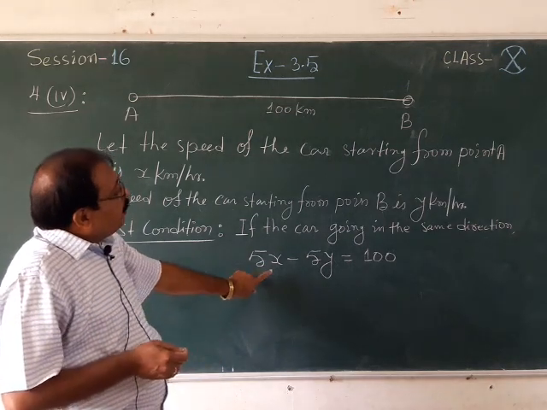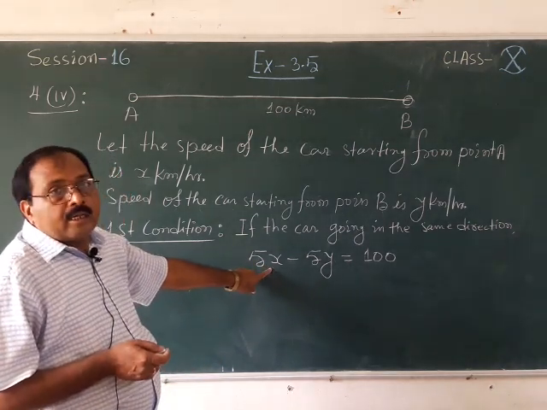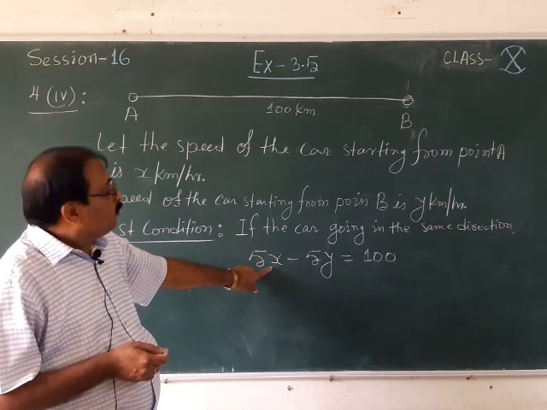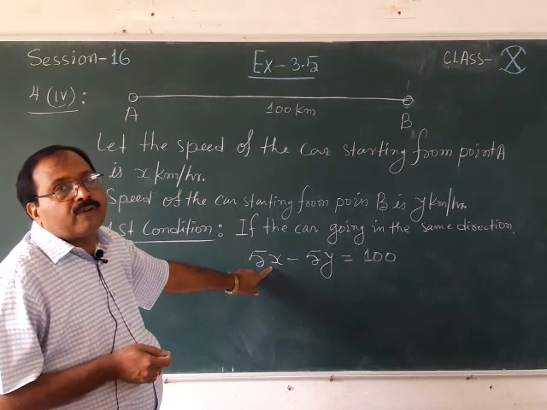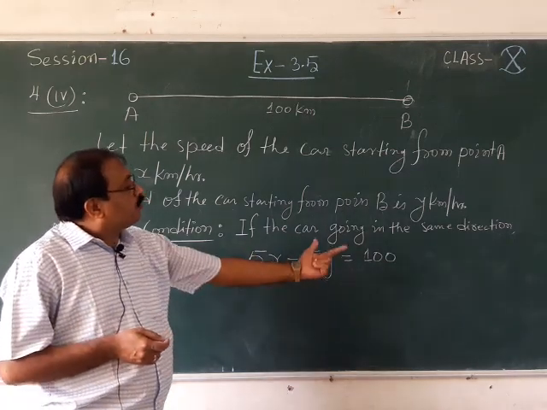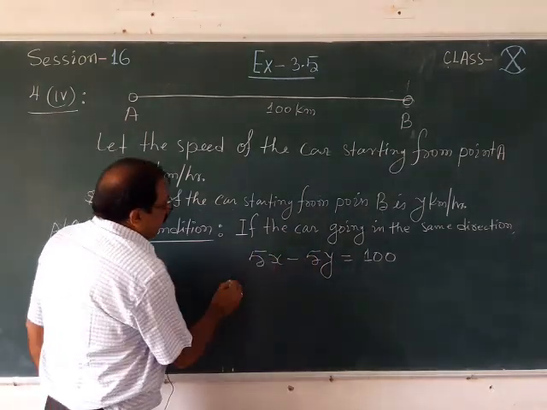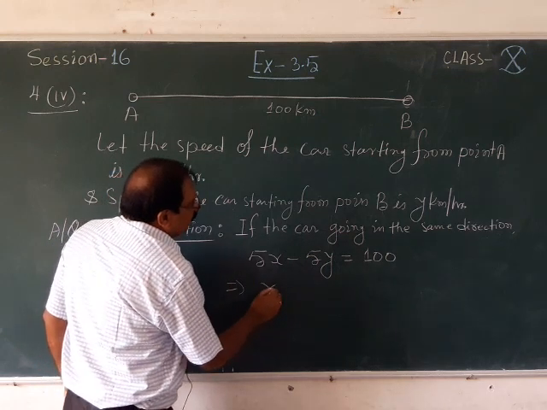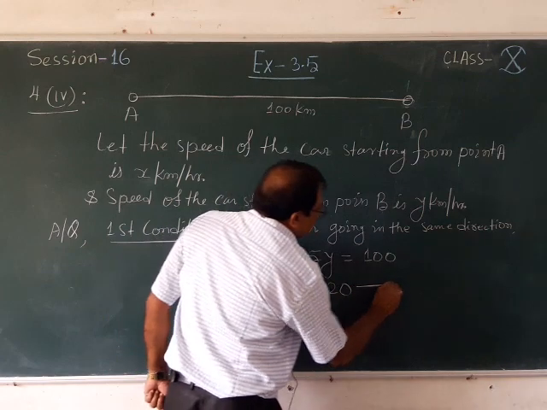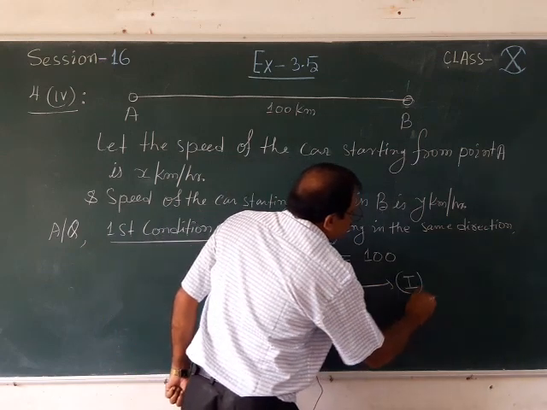As we have used relative velocity, if two cars are moving in the same direction, their relative velocity will be the difference of their velocities. Here 5x minus 5y equals 100. If you divide it by 5, your equation will be x minus y equals 20, and this is your equation number 1.